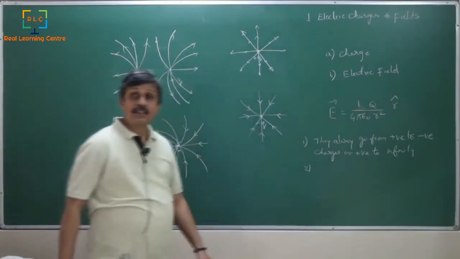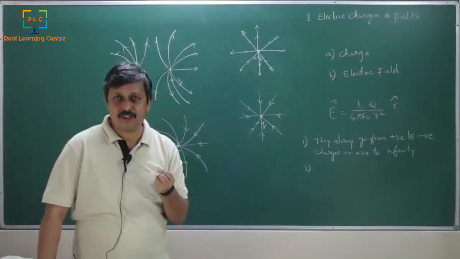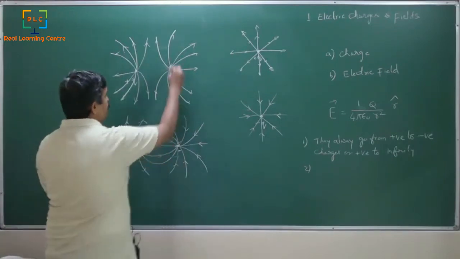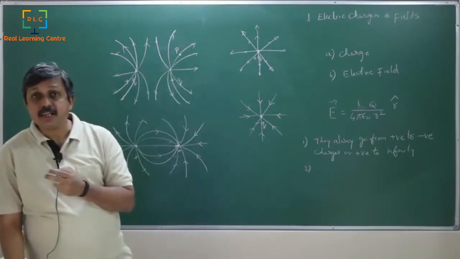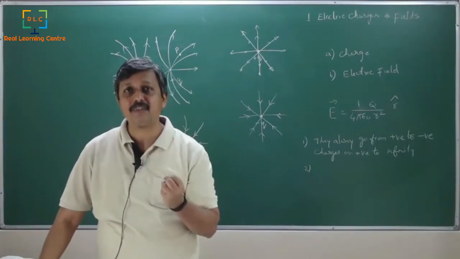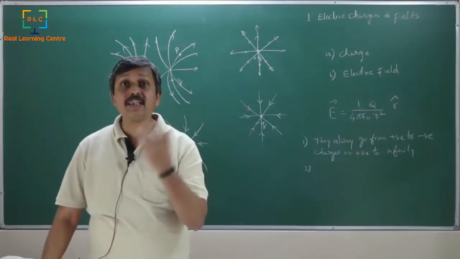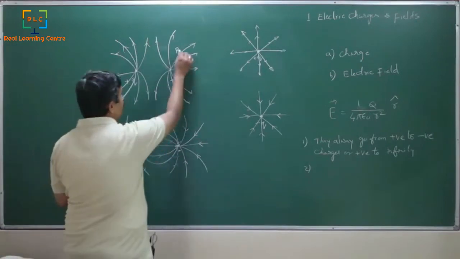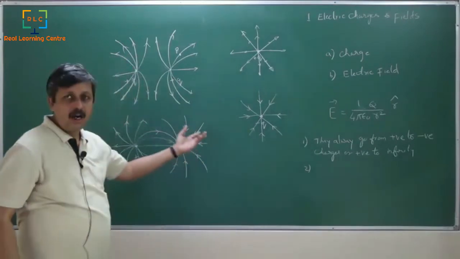The second important thing to understand is, if you look at a field line and take, let us say, a point P, what is the field strength at point P? What is the value of the electric field, its magnitude, and also its direction? The density of the field lines gives the magnitude, and you can always calculate it with the formula also.